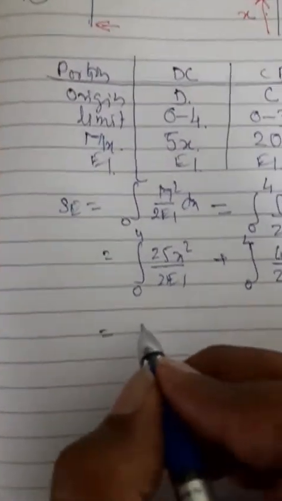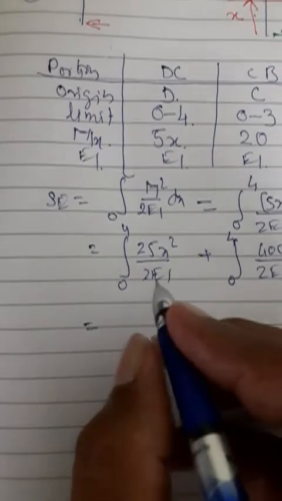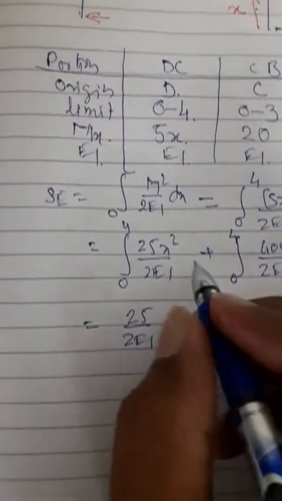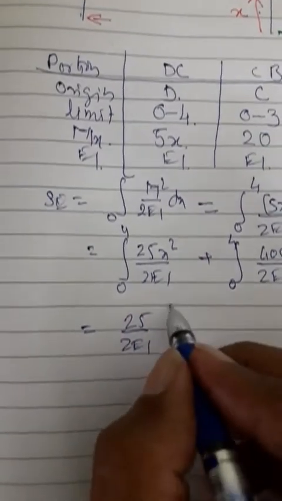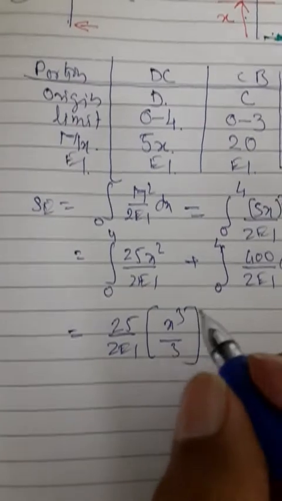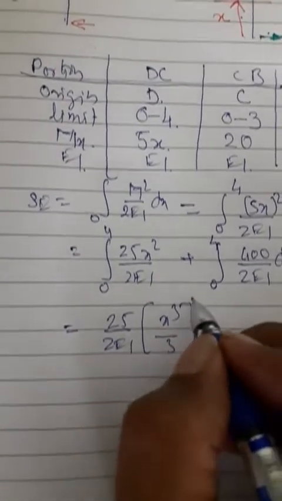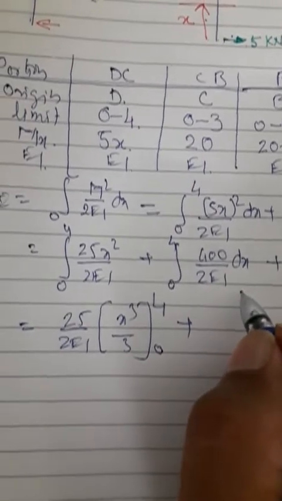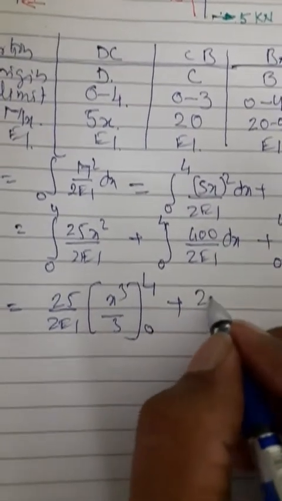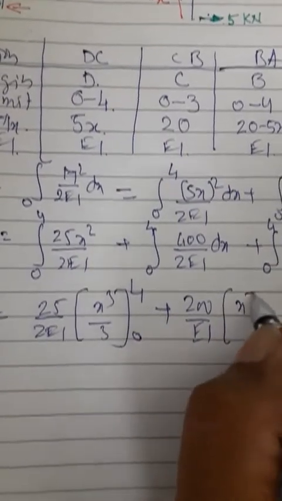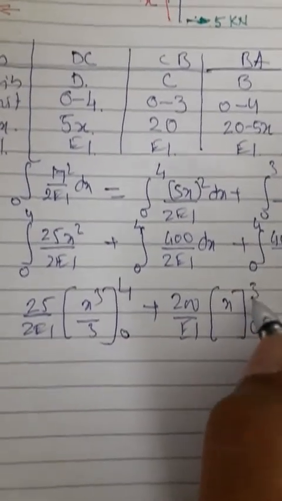Now 25 by 2 EI outside, integration of x square is x cube by 3, limits are 0 to 4, plus 400 by 2 EI, that is 200 by EI, integration of 1 is x, limits are 0 to 3.